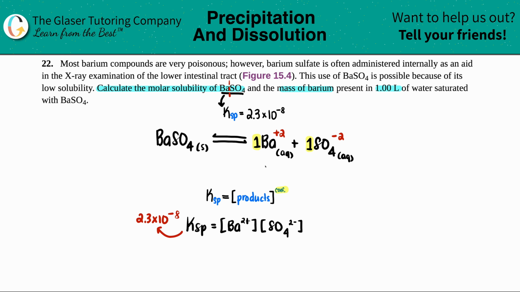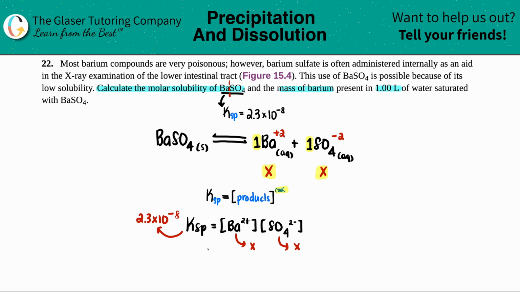I'm going to label it X. And it has to correlate with the coefficient. So technically this would be 1x. But 1 times x is just x. And you got to do the same thing for the sulfate. It's a 1-to-1, so the variable should be the same. And it would be 1x, but just put the x. These are your variables for what you're going to put into the equation. So the barium is x, and the sulfate is x.